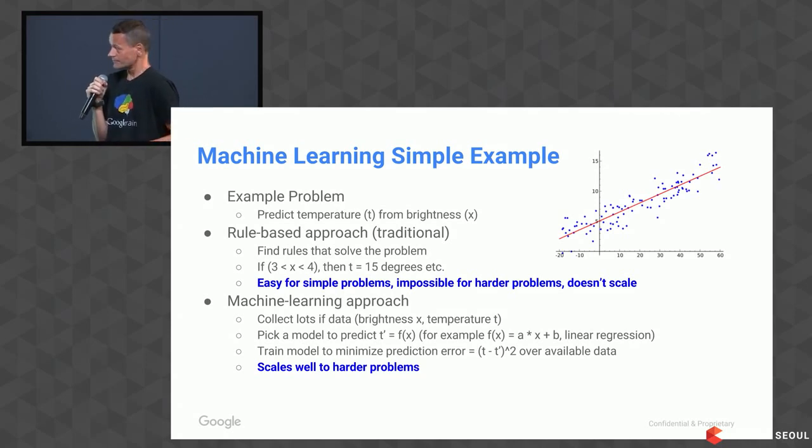In that case, usually what people used to do was they look at a few examples and try it out, and they make a rule-based system where you find rules that solve the problem. For example, you build a little box that says if the brightness is between 3 and 4, then the temperature is 15 degrees, and so on. You make a lot of those rules, you put them on a chip, and there's your product, right?